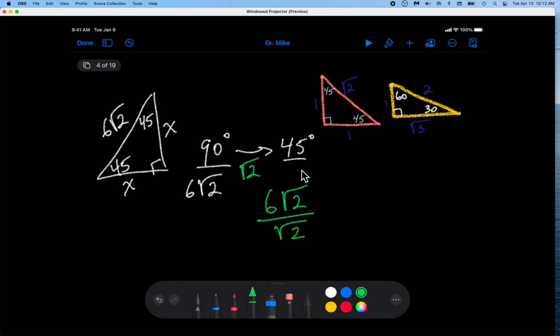That's how we get smaller, ladies and gentlemen. We divide. If you have the number 4 and you divide by 2, that's 2. That's smaller. The way we get bigger is we multiply. 4 times 2 is 8. This got bigger. So here, when we divide by the square root of 2, these cancel out, and the final answer is 6.